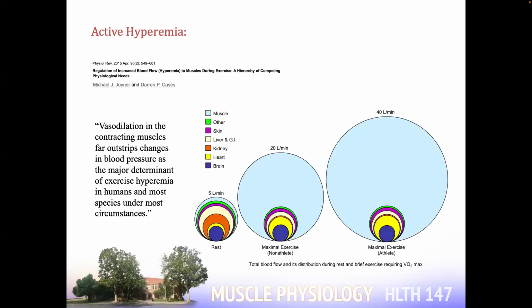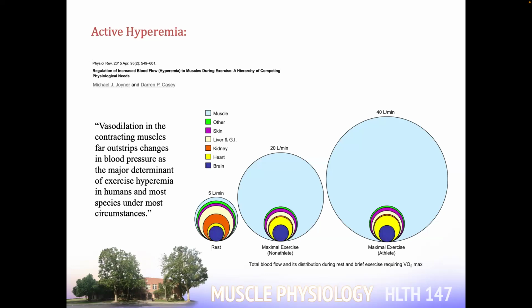But getting into active hyperemia, this is an exertional increase in blood supply, that's the pump, that's the weight room pump. Skeletal muscle pump kind of means something else, but the pump you get when you're doing resistance training. And the biggest contributor of hyperemia in exercising muscle, it's vasodilation.